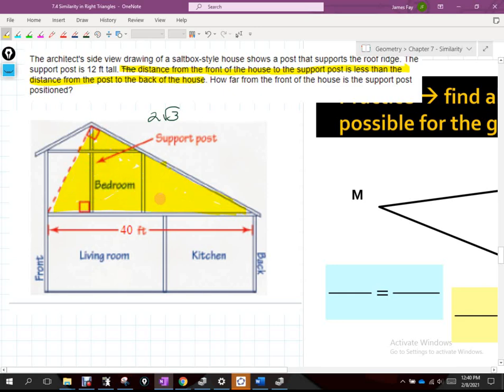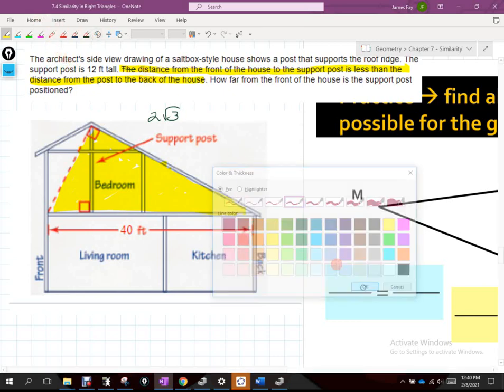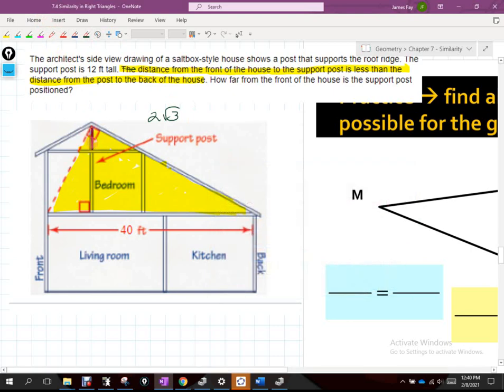There's your right triangle, correct? Would you agree that this segment here is an altitude drawn from the right angle to the hypotenuse? Okay. That's the support. They tell you that is 12 feet tall, right?